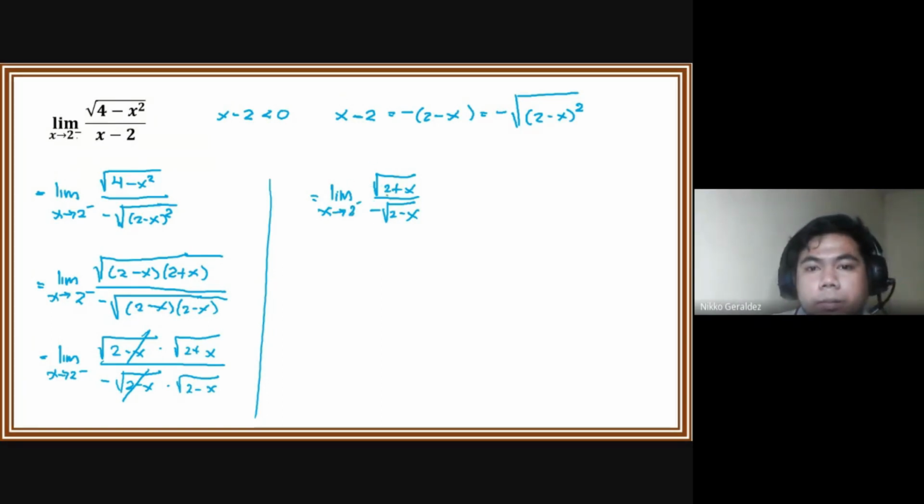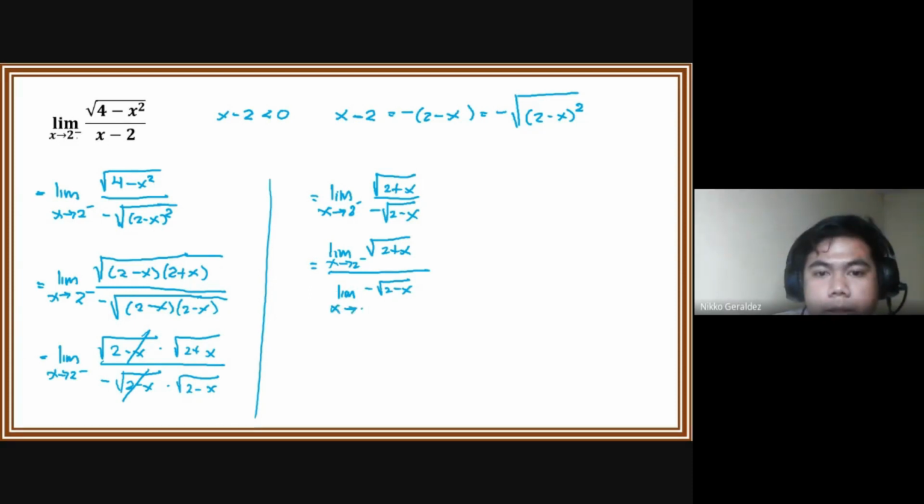Then limit of numerator and denominator. So limit of square root of 2 plus x as x approaches 2 from the left over limit of negative square root of 2 minus x as x approaches 2 from the left. Next, so apply natin limit of square root.